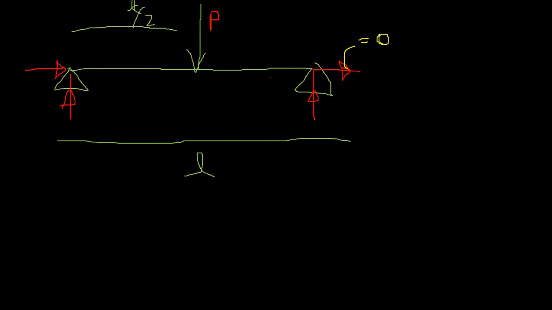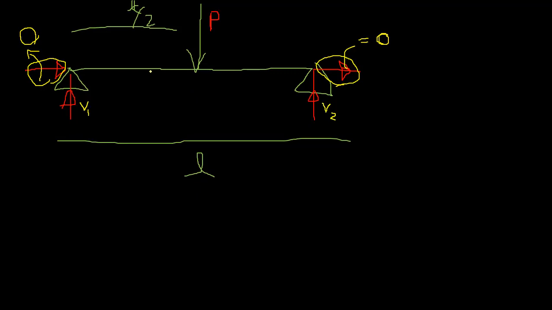Zero, because the beam does not have any horizontal loading, right? So there's nothing left to resist, right? So that means these unknown forces become known forces, that is zero, right? So we will be only remaining with these reactions. Let's call them V1 and V2.